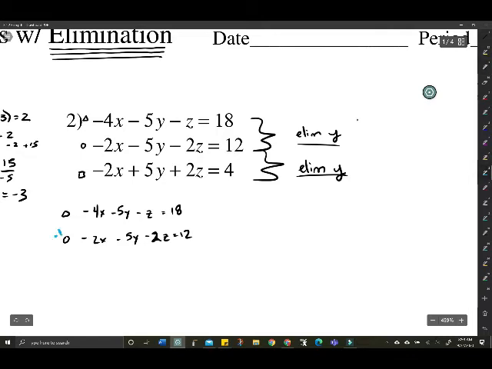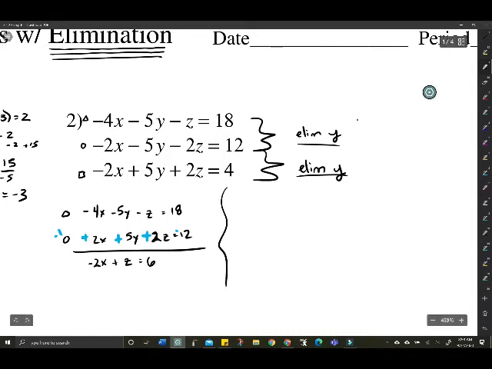Multiplying circle by negative 1 is going to make it positive, positive, positive, and negative, meaning my y's will cancel. I will have negative 2x, looks like, plus z equals 6. So that one's taken care of.